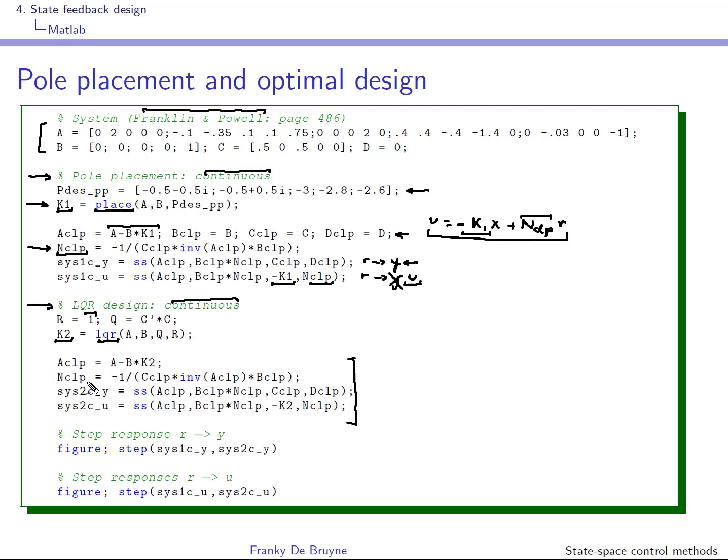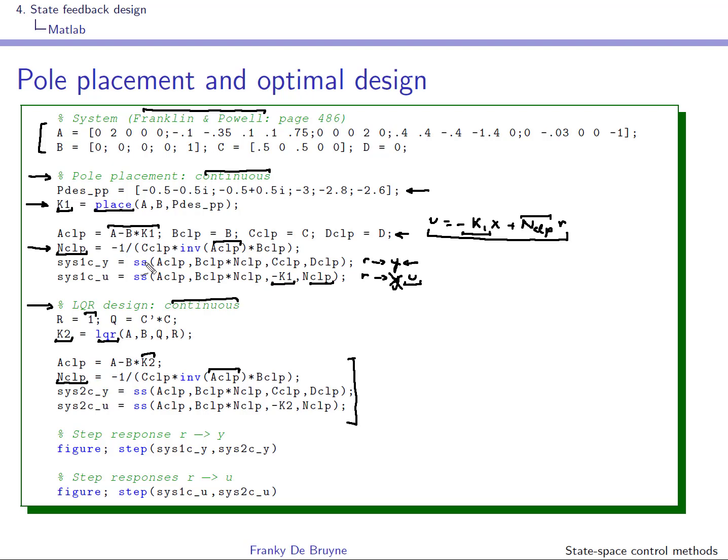You now compute the feed-forward gain based on K2, right? Because A_clp enters over here. Here the feed-forward gain was computed using this matrix here, and it was depending on K1.